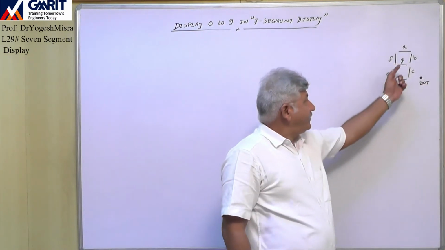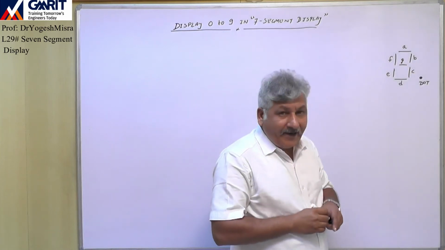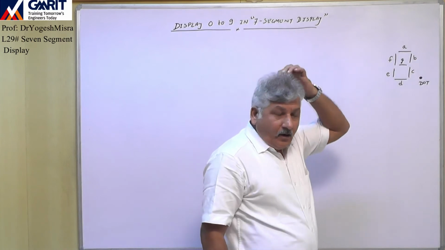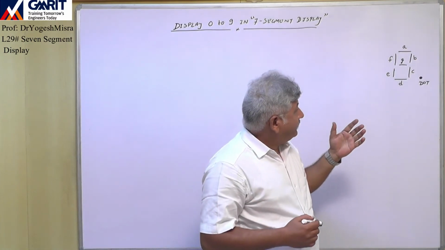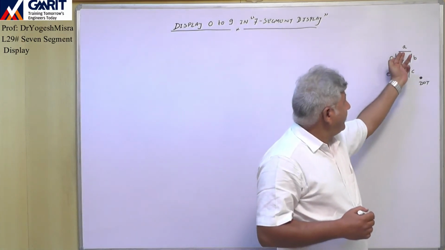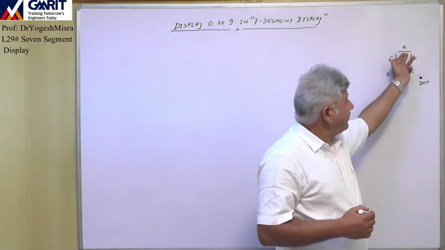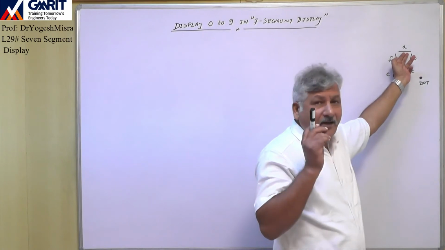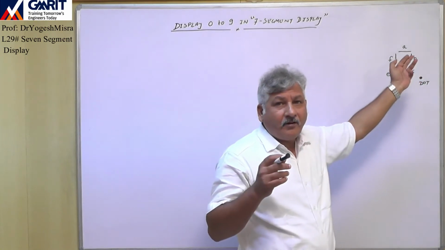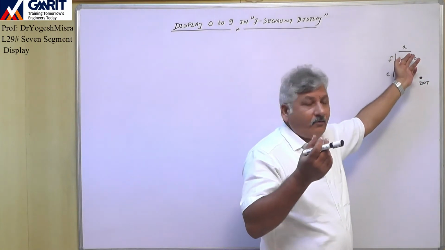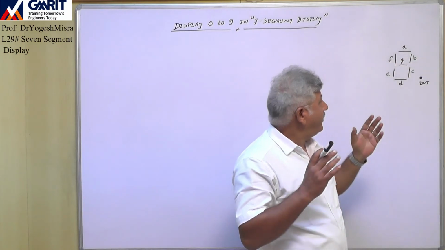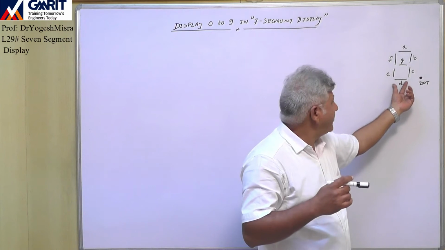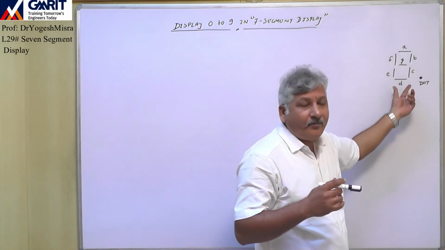So basically there is one LED for each segment. To display a particular segment, suppose we want to make this segment glow, then we have to make that LED on, then A will glow. If you want to glow segment D, then you have to make the segment D LED on.